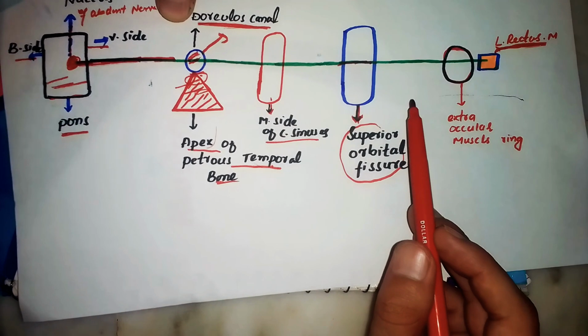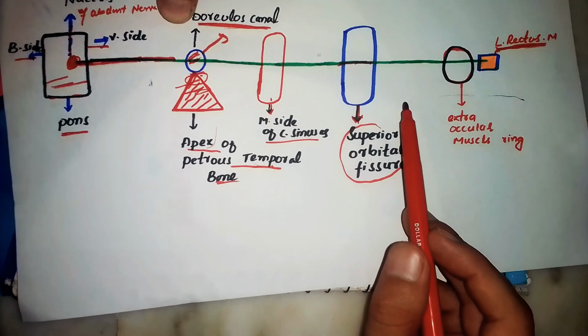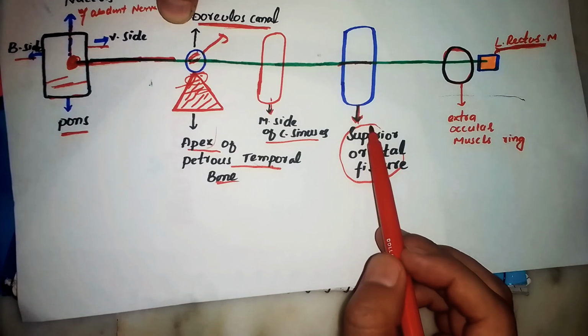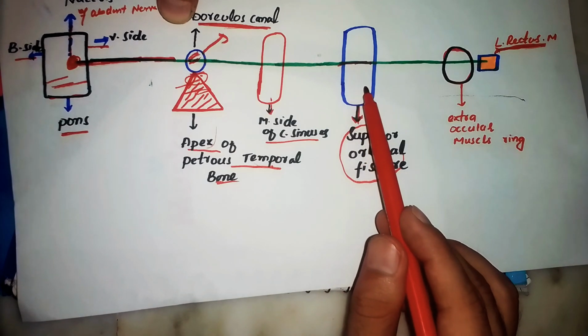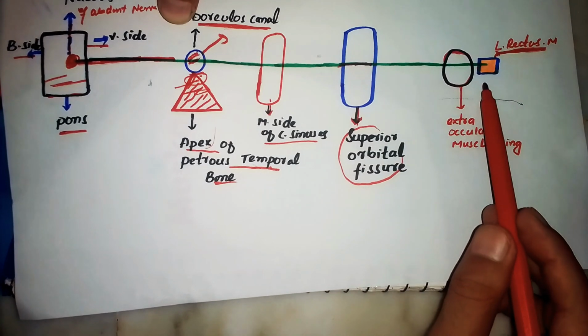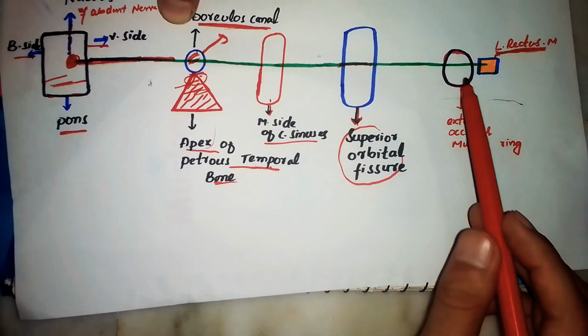When it crosses the middle of the superior orbital fissure, it leaves the cranium and moves toward the orbit, to the extraocular muscle, and supplies the lateral rectus muscle.